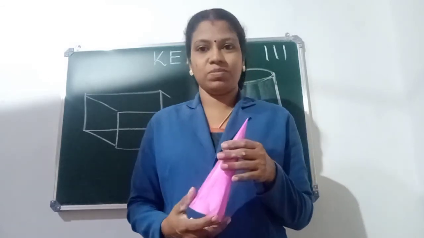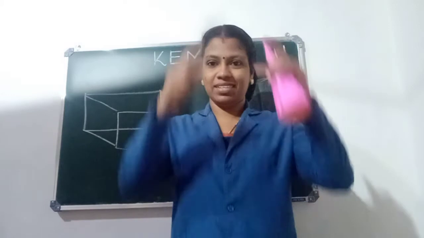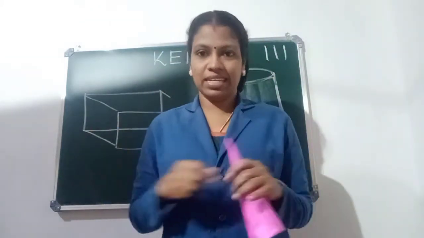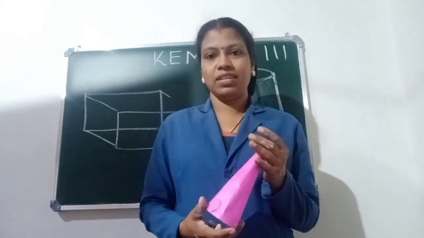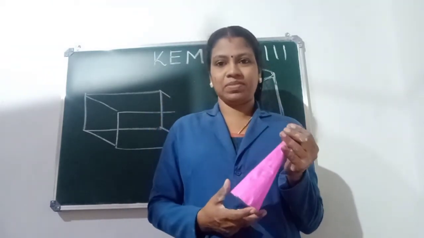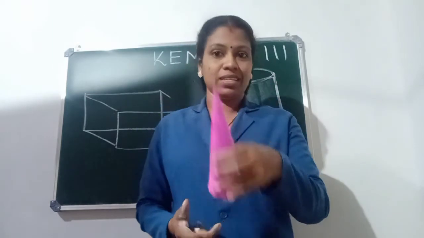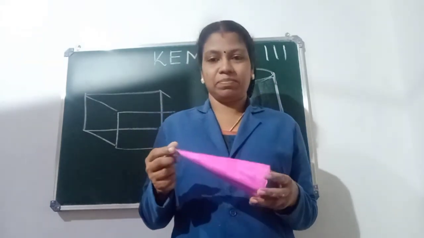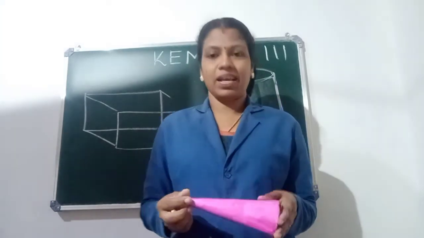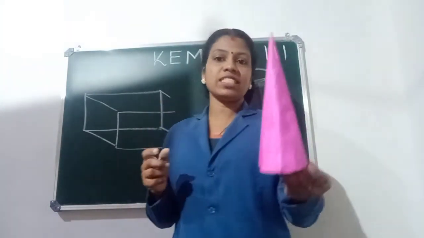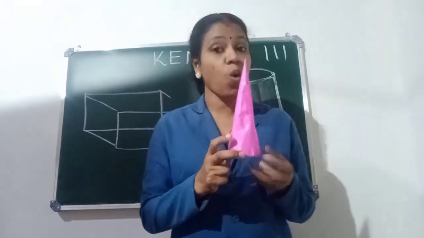Yes. Now, Xmas tree, pine tree in this shape. Then another example, joker's cap. Joker's cap is in this shape. Find more examples and write them in your notebook. So this is the fourth shape, cone.